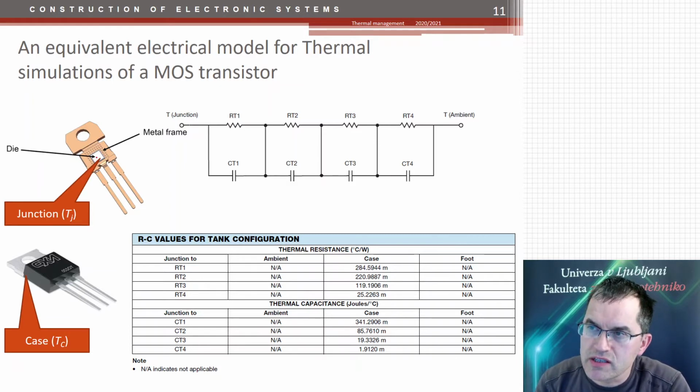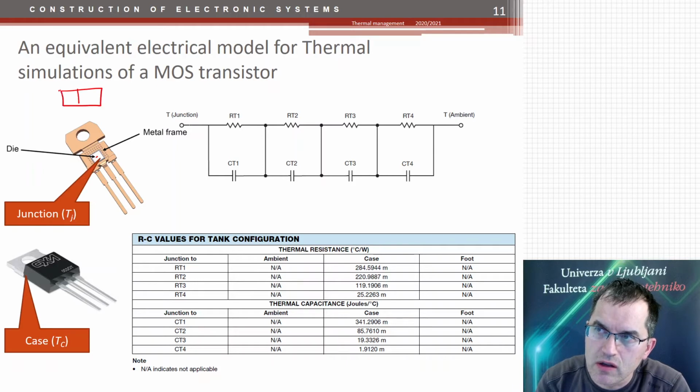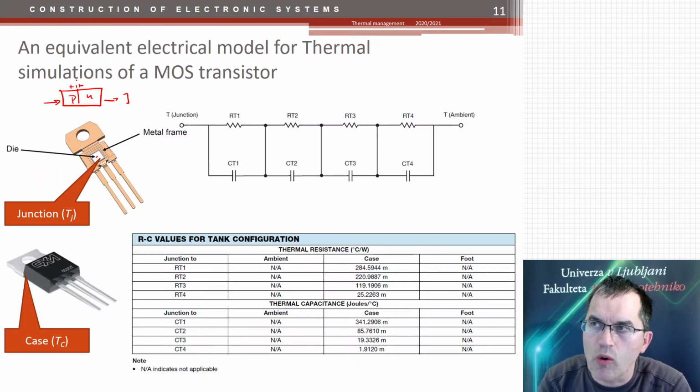So a transistor, for example, has a silicon die, and this silicon die has some junction on it, and the junction is treated as the source of the power of the heat. Why? Because on the junction, if you imagine a single PN junction, through the PN junction you have current, but on the PN junction itself, here at the vicinity, you have all the voltage.